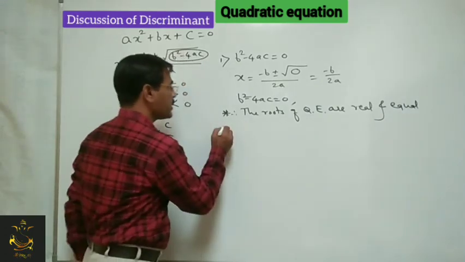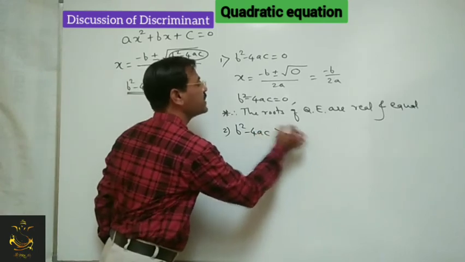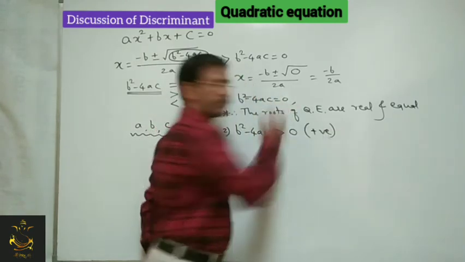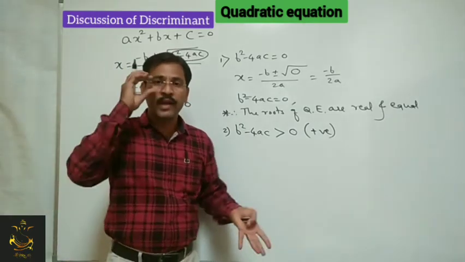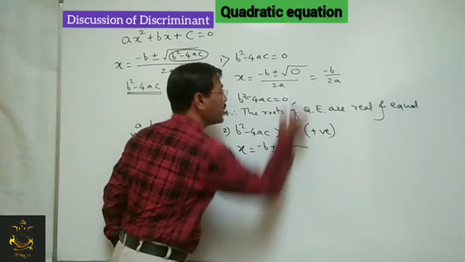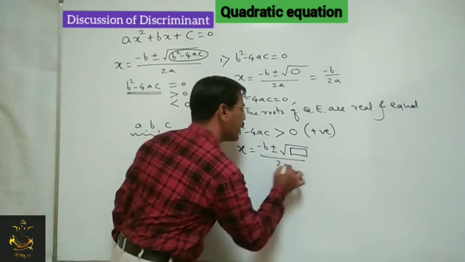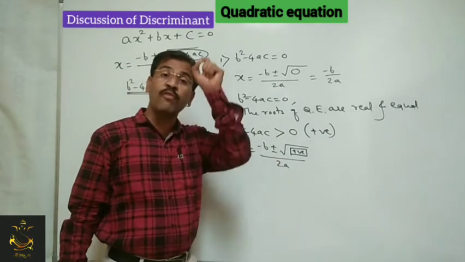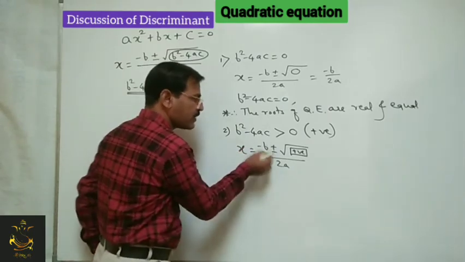Now the second possibility, b square minus 4ac is greater than 0. Greater than 0 means it is positive. Now look here: x equals minus b plus or minus under root of something positive, upon 2a. And we know the root of a positive number is always possible. That means one time plus, one time minus.